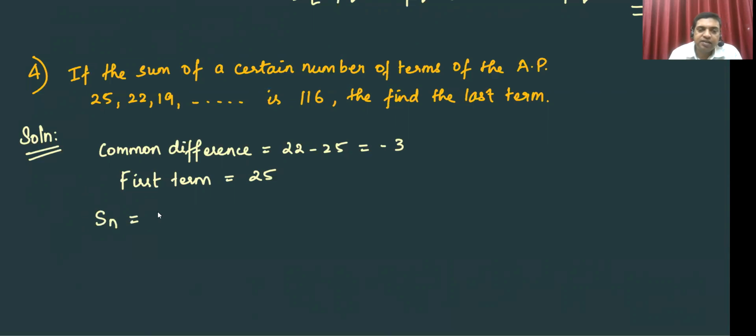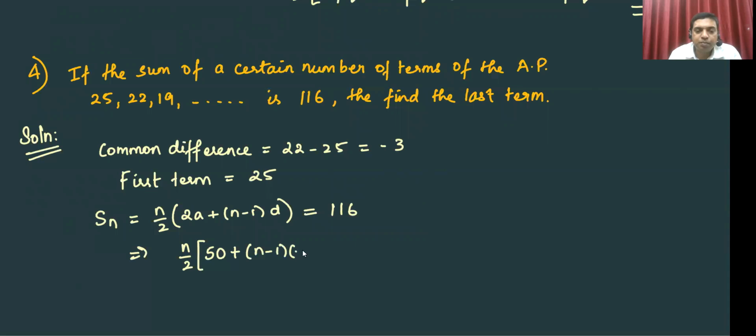S_n is n by 2 into 2a plus n minus 1 times d, equal to 116. By substituting a and d, we'll get the value of n. So 2 into 25, 50, plus n minus 1 times minus 3.